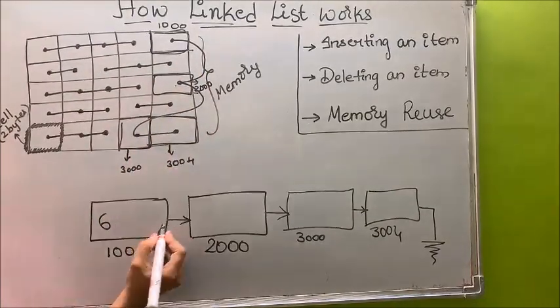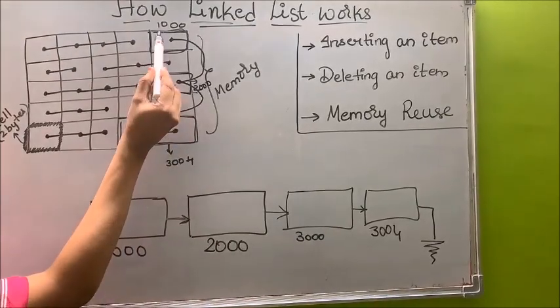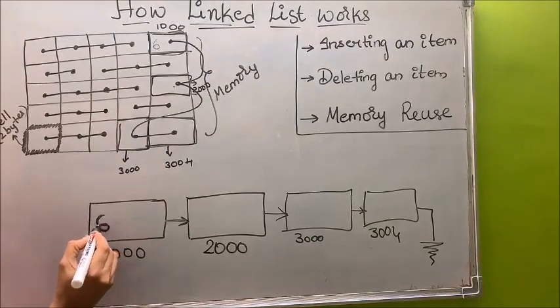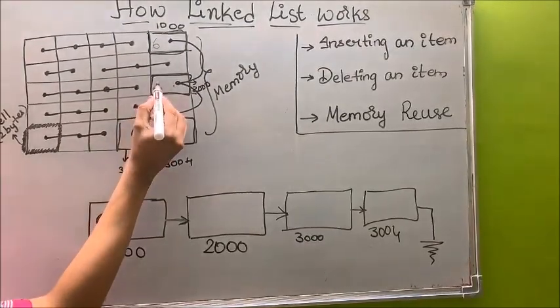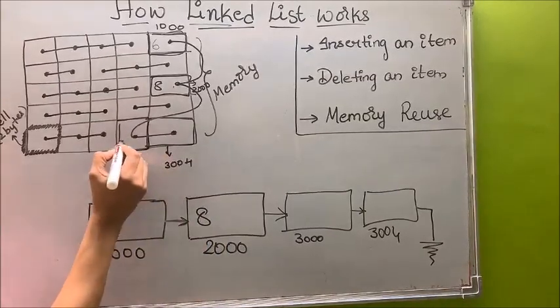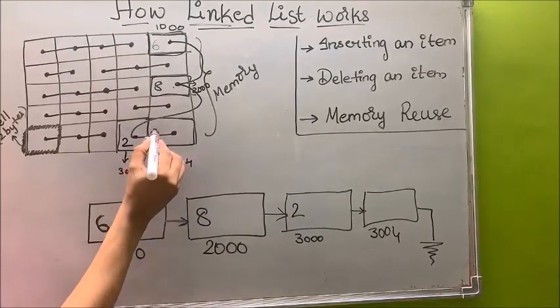This is the link. So for suppose if we store some 6 data in this node, that is stored in this cell, and the second node contains some 8, third cell contains some 2, fourth cell contains some 9.